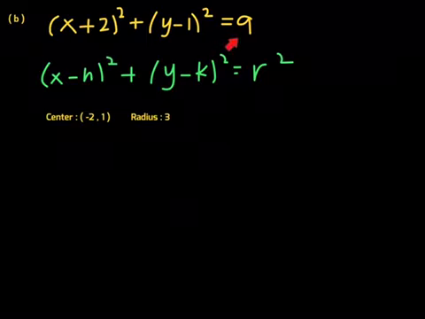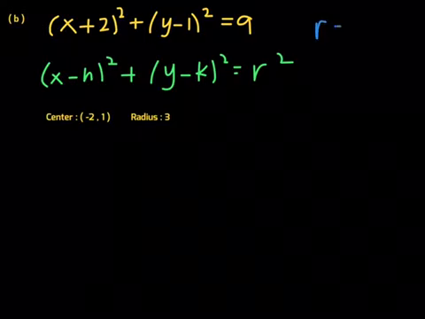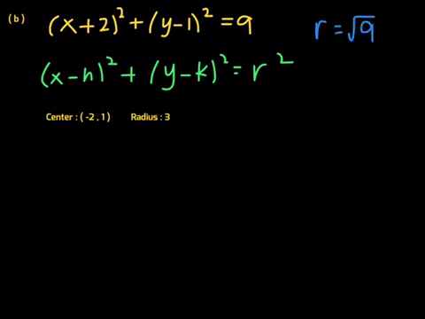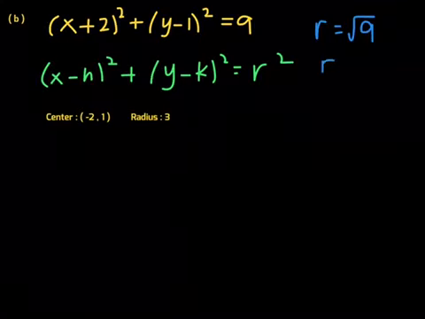So I've written down the center as negative 2, positive 1, and notice that I wrote the radius as 3. Because, remember, 9 is not the radius. 9 is what you get when you square the radius. So I want you to be thinking, what number do I square to get 9? Oh, 3. Or, if you'd like, whatever number the equation is equal to, just take the square root of that number. So r will be equal to the principal square root, the positive square root, of 9, which would be 3.